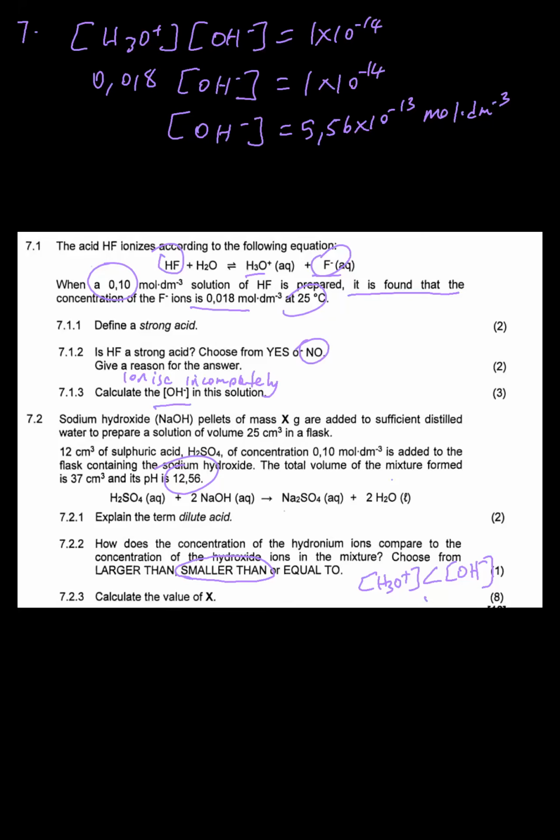Pellets of mass X are added to sufficient distilled water to prepare a solution of 25 in the flask. In other words, we're adding a certain mass, X grams, to this volume of 25.